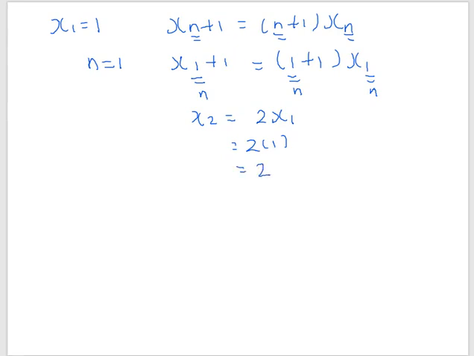And let's put n as 2. If we put n as 2, then it should be x(2+1) equals (2+1) x2. So this is n, this is n, this is n in the formula.